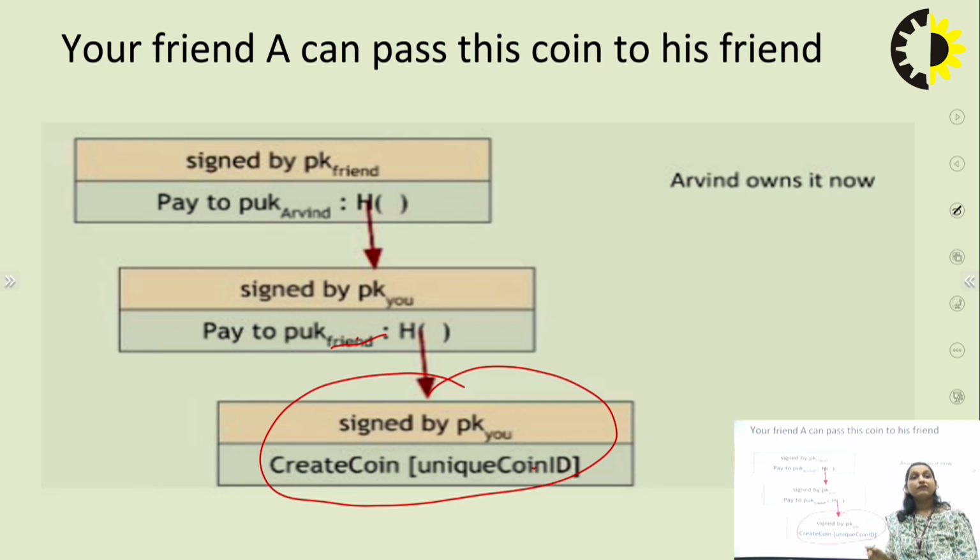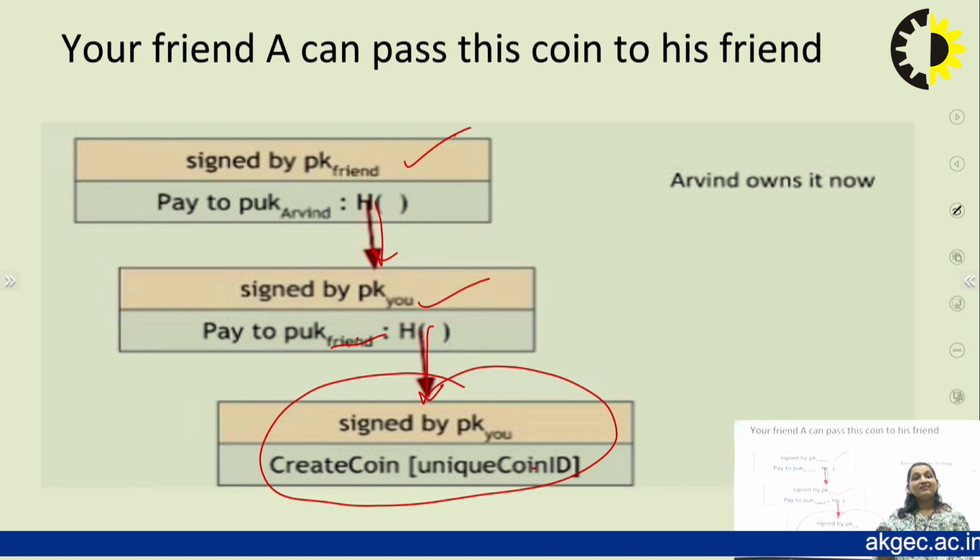Blocks are linked using a hash: this is linked with this, and this is linked with that. I sign with my private key, and the friend also signs with their private key. If Shikha gives it to Arvind, she signs that she is giving the digital coin which she received from Aarti to Arvind. So this is a link.